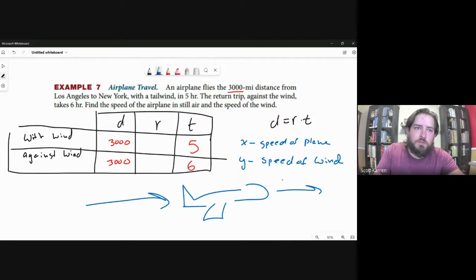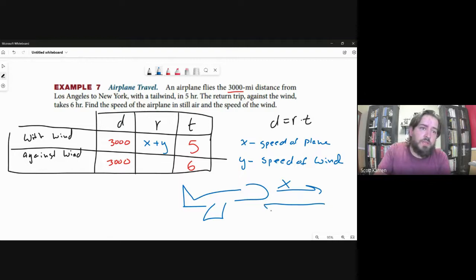So the speed of the airplane and the speed of the wind add together. When I'm going with the wind, the speed that I'm traveling is x plus y. If I'm going against the wind, then the opposite thing happens. The wind is pushing against the airplane, so it subtracts from your speed, and so your rate against the wind is x minus y.